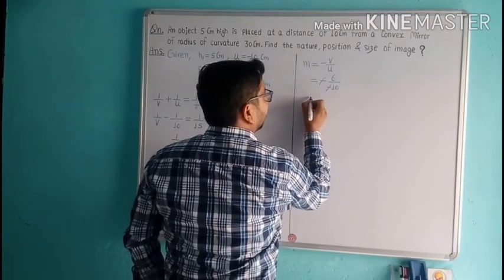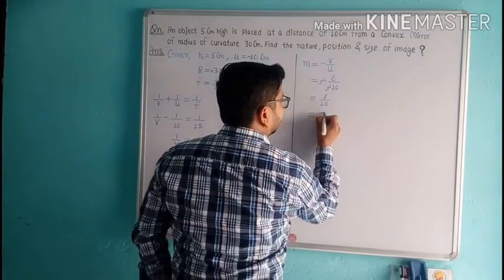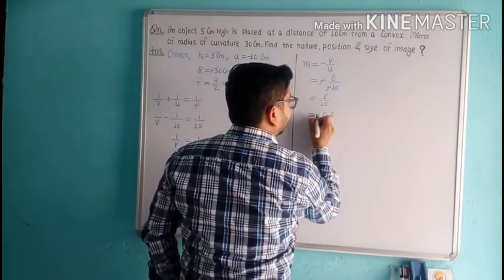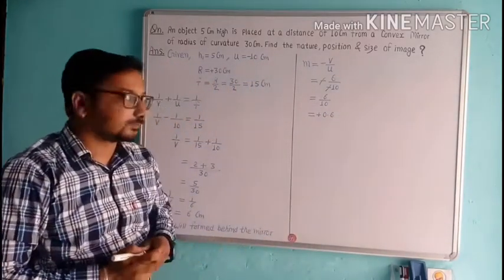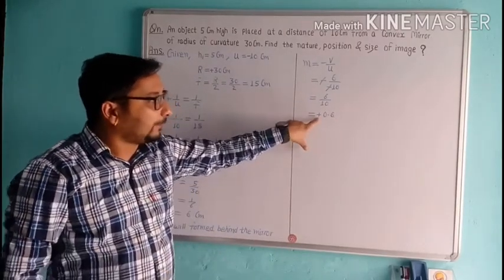Minus minus becomes plus, we get 6 by 10, that is 0.6. Magnification M is equal to plus 0.6.